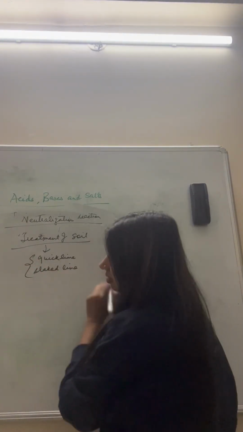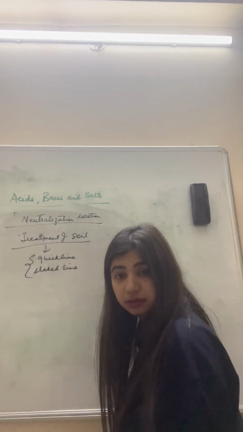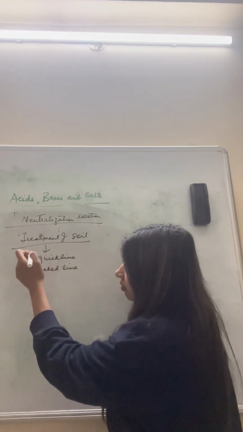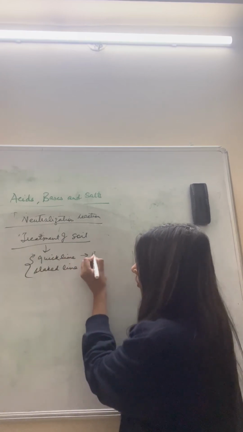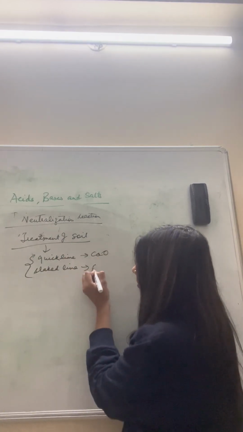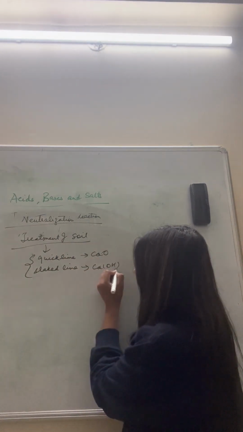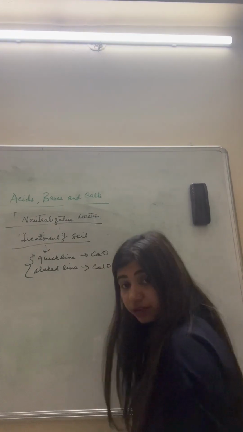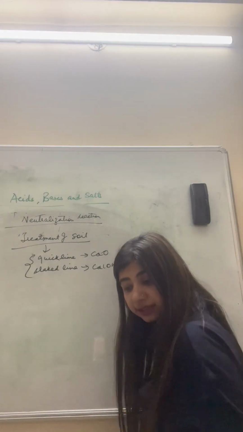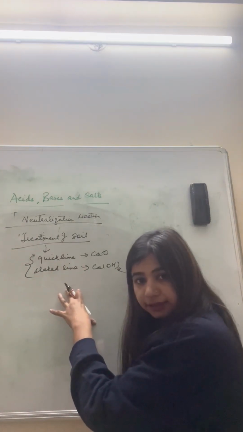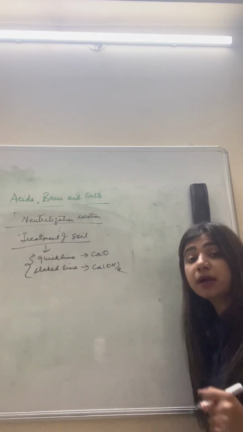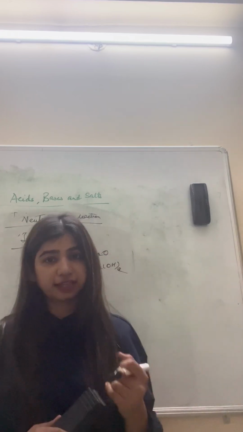Quicklime and slaked lime are both bases. They both will treat the acidic soil. Quicklime is calcium oxide and slaked lime is calcium hydroxide. So for treatment of acidic soil, we are adding base to the soil in the form of quicklime and slaked lime. Okay, so these were some applications of neutralization reaction.